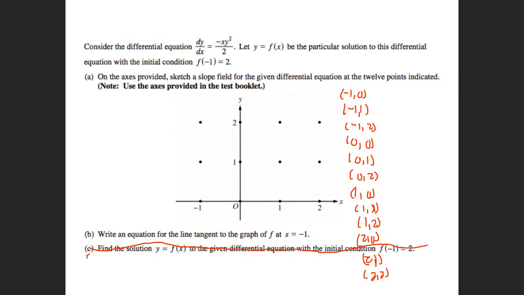Again, kind of a crazy looking thing here. But I'm just going to put negative 1 in for x and 0, 1 for y.